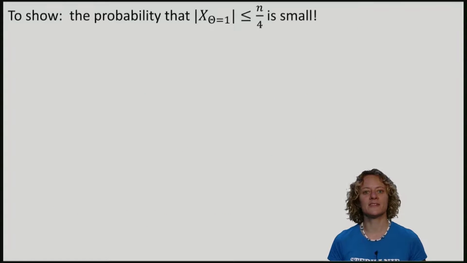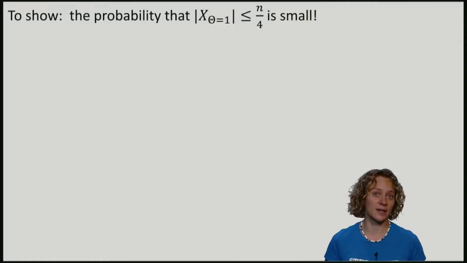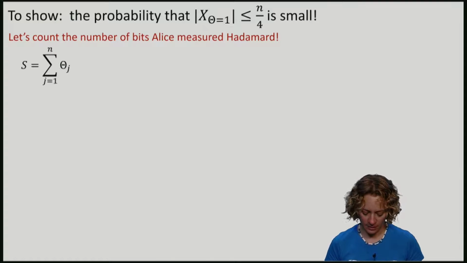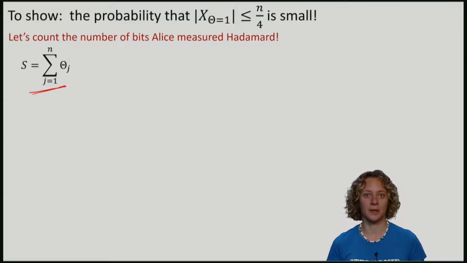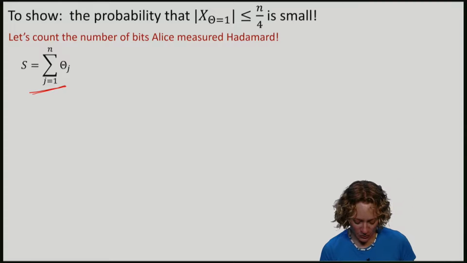First, let's define a random variable that counts how often Alice measured in the Hadamard basis. Let me call it S. S counts the number of times Alice measured Hadamard. We'll define it as the sum of random variables theta j, which correspond to the basis choice.